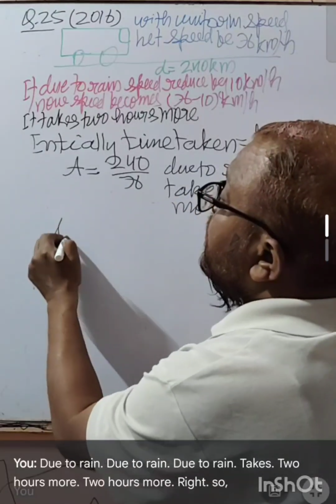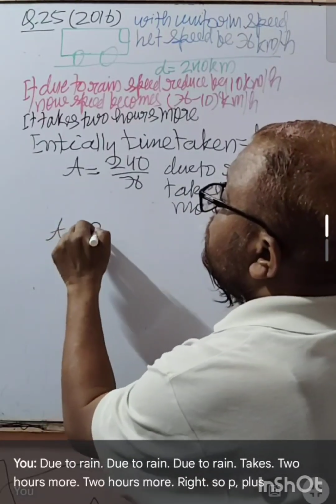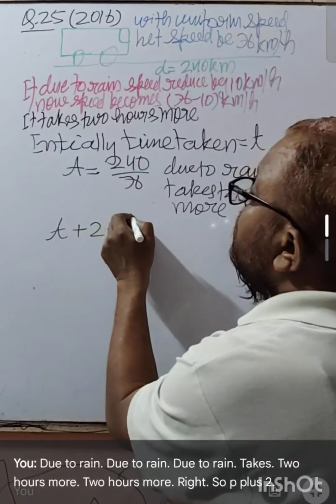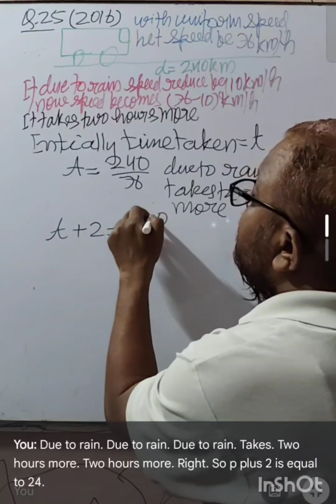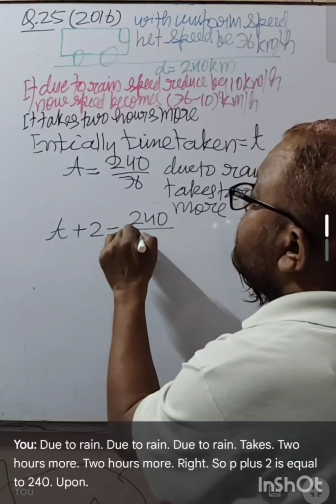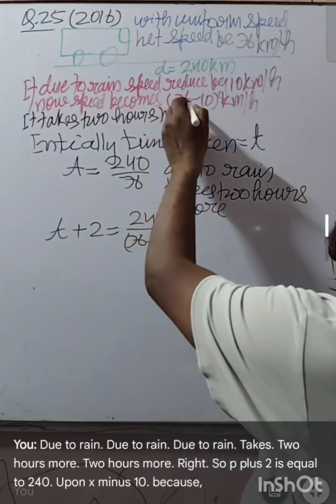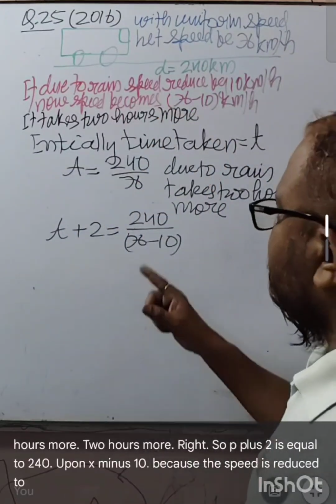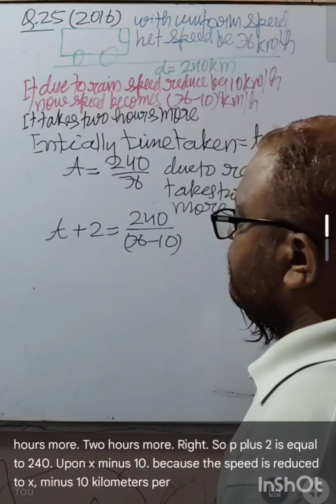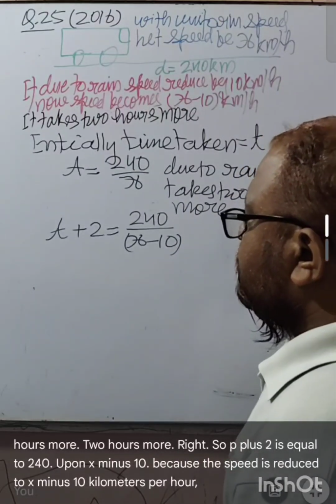So t plus 2 is equal to 240 upon x minus 10, because speed is reduced to x minus 10 kilometers per hour, right?